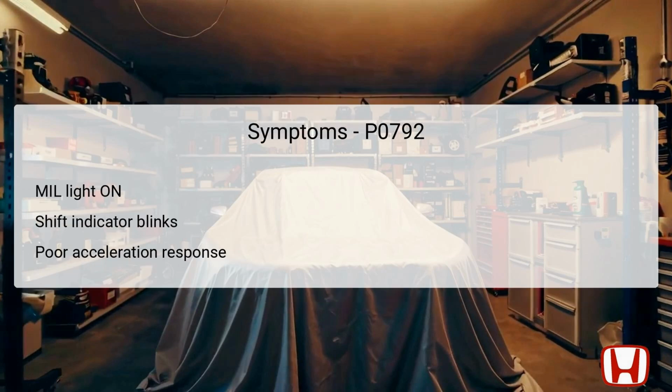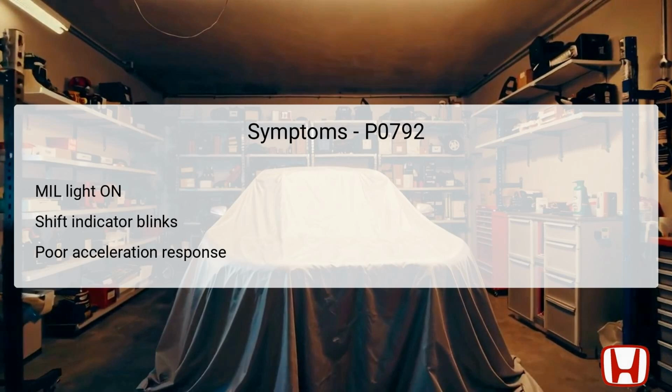Symptoms tied to DTC P0792 can manifest in several noticeable ways. The most apparent indicator is the illumination of the malfunction indicator light, MIL, which alerts the driver to a potential issue in the vehicle's operation. Alongside this, the shift position indicator may exhibit blinking, signifying that the TCM has detected an anomaly in gear engagements.